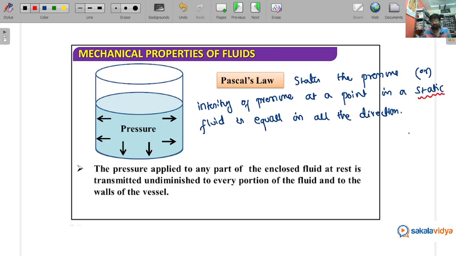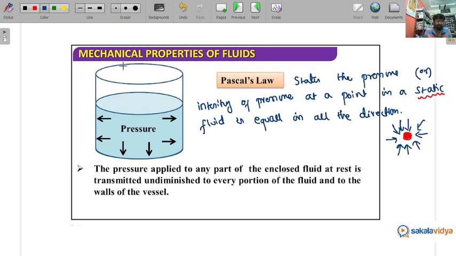For example, when a fluid is at rest, as I told you, when the fluid is in a glass without any disturbance, the intensity of pressure acting on the fluid is equal in all the directions. If you take infinite directions, the intensity of pressure or force acting on the fluid particle is equal in all the directions.